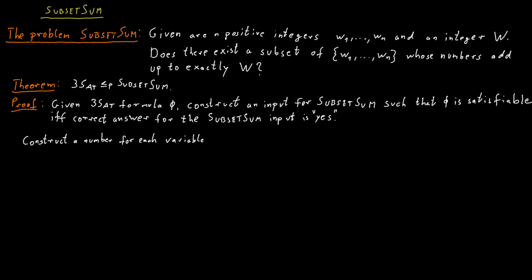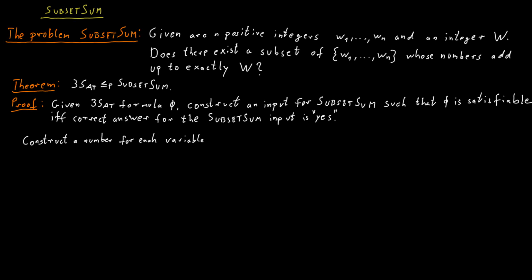In 3-SAT, we don't just have the variables, we also have the negation of the variables. And although, in some sense, the negation of a variable is also fixed once we fix the variable, it makes sense here, and actually in many other situations for other reductions as well, to model the negation of a variable explicitly.